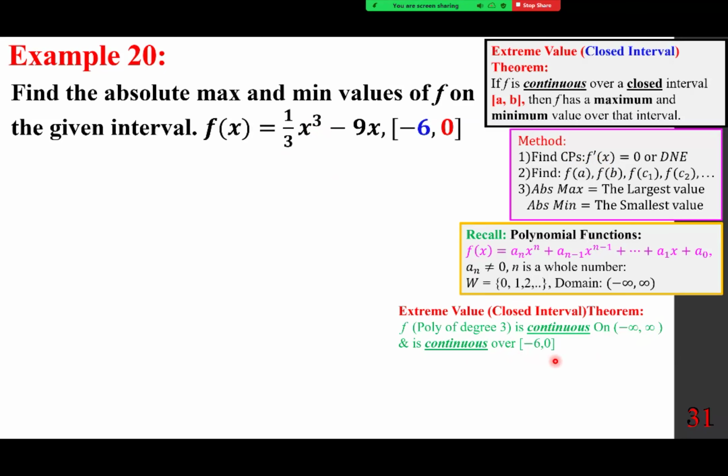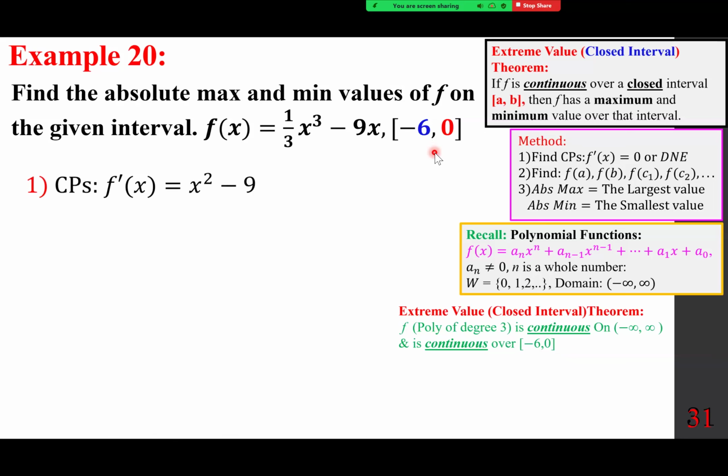And that's important to understand. So polynomial of degree 3, domain is all real numbers, therefore it is continuous in the given interval. F prime is x squared minus 9.